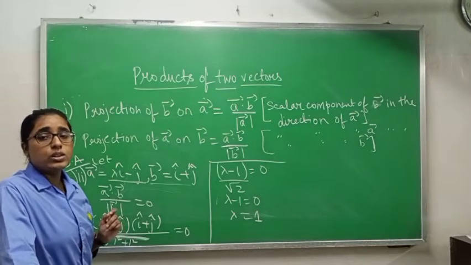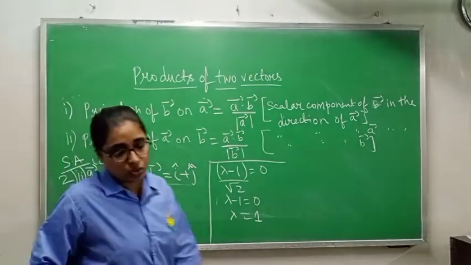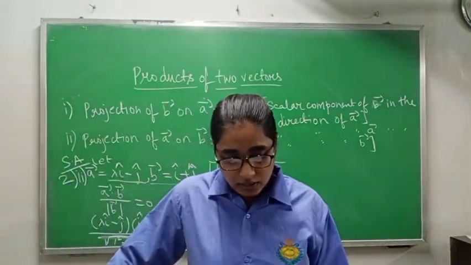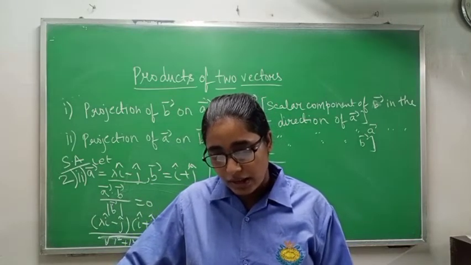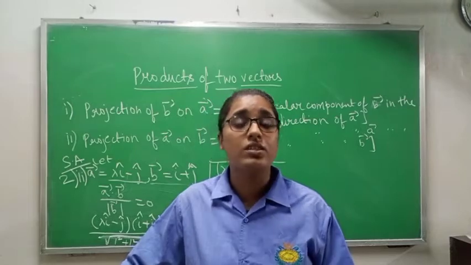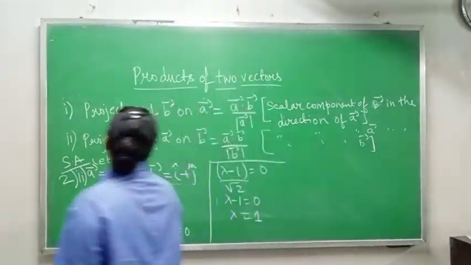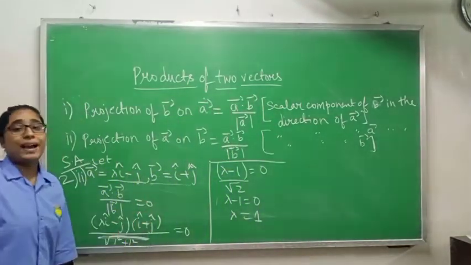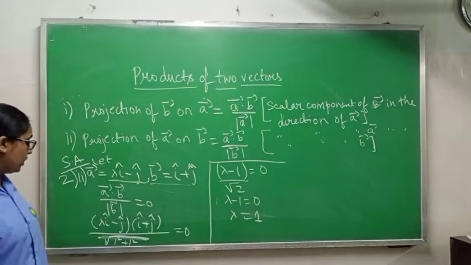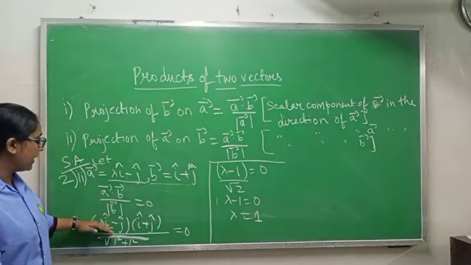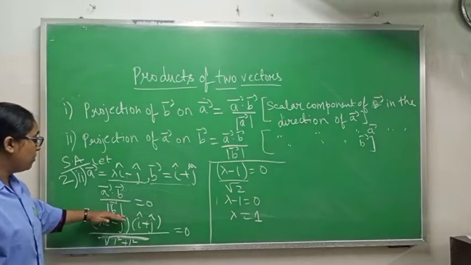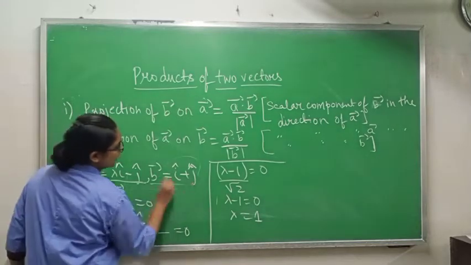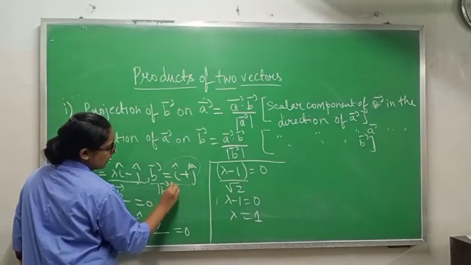That is why I am writing A vector dot B vector by mod B. Now it is written equals to 0, because in the question it is given that the projection of vector lambda i cap minus j cap on vector i cap plus j cap is 0. Then find the value of lambda. So A vector is lambda i cap minus j cap, B vector is i cap plus j cap by mod B. How will you find mod B?